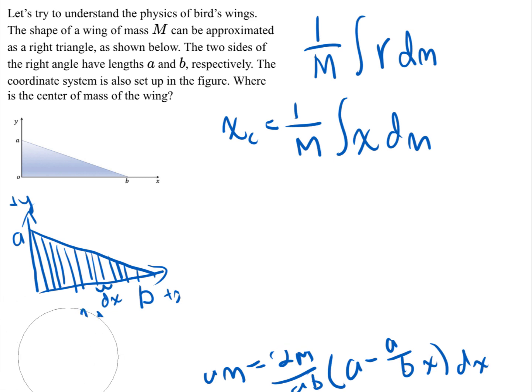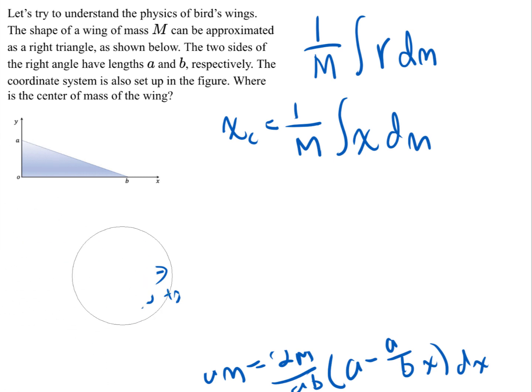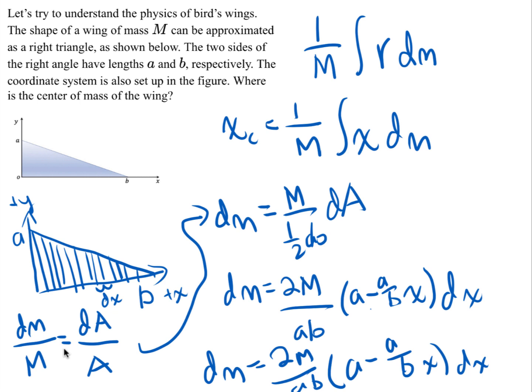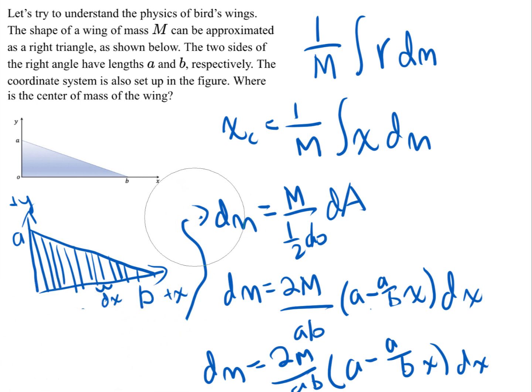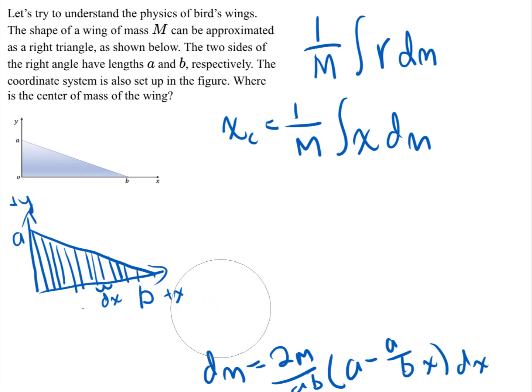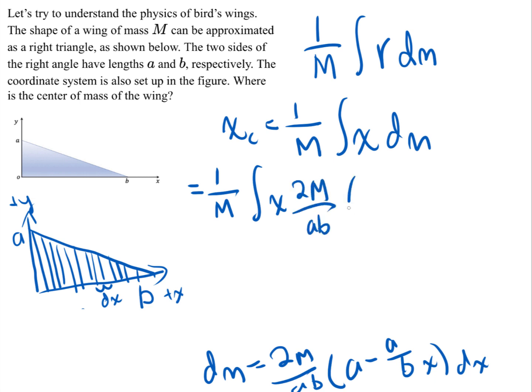So, substituting, we get that the center of mass, or the x-coordinate for the center of mass, is equal to 1 over m times the integral of x times 2m over ab times (a minus a over b x) dx.